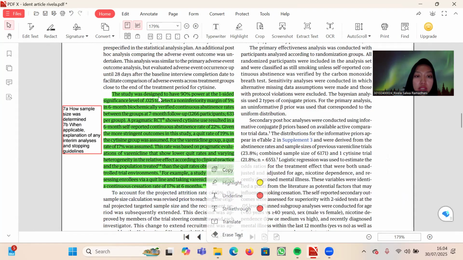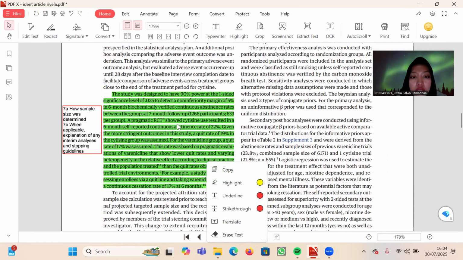The study was designed to have 90% power at the one-sided significance level to detect a non-inferiority margin of 5% in biochemically verified continuous abstinence rates between the groups at 7 months follow-up.